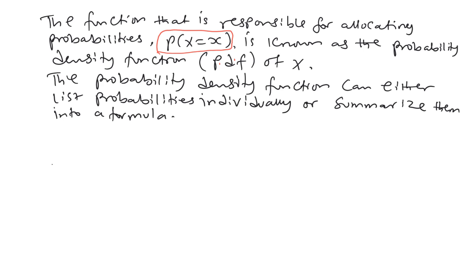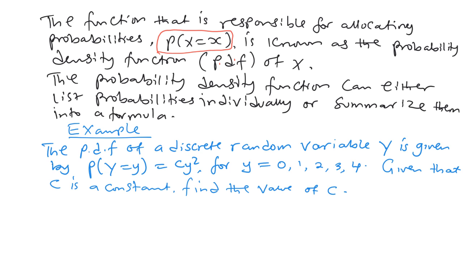The probability density function can either list individual probabilities or summarize them into a formula. Like the previous example, the p.d.f was listing individual probabilities for x equal to 0, for x equal to 1, and so on, but we can also have the p.d.f giving us the probabilities as a formula. Let's look at this in the next example.